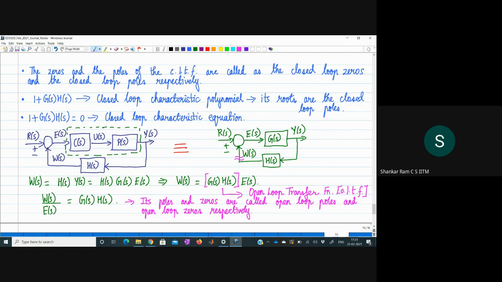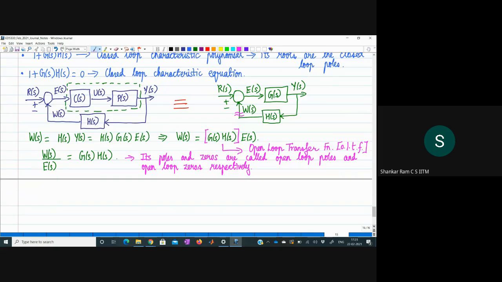So that's the term. The poles of the open loop transfer function are called open loop poles, and the zeros of the open loop transfer function are called the open loop zeros. Those are some terms.